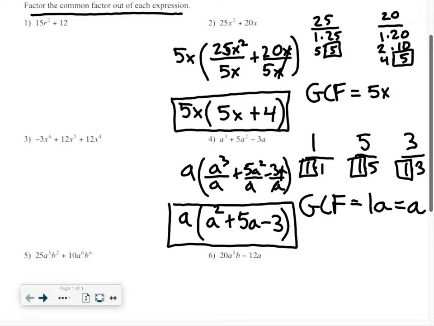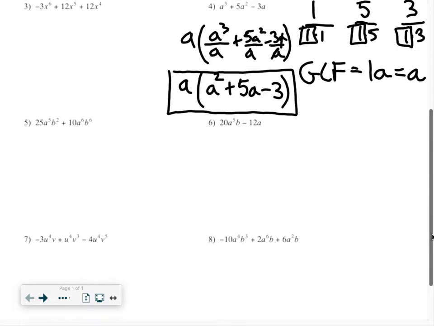Okay, the next two, 5 and 6, both of these have two variables. They're pretty similar, so let's go ahead and do 5. We have 25a to the 5th b squared plus 10a to the 6th b to the 6th. We'll do the same thing. Let's find the GCF of 25 and 10.